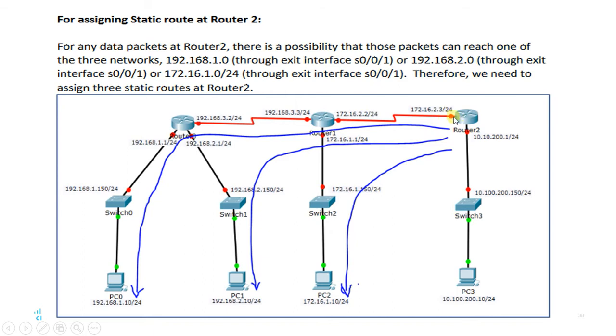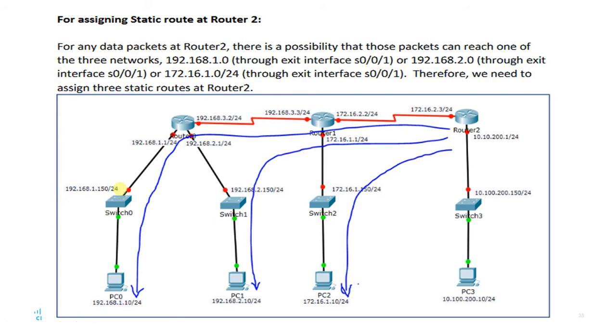For example, if I have chosen S000, the exit interface for all these 3 networks will be S000, because if any packet comes from the 10.100.200 network, it will leave from this interface only, whether it has to go to the 172 network, to the 192.168.2.0 network, or to the 192.168.1.0 network.